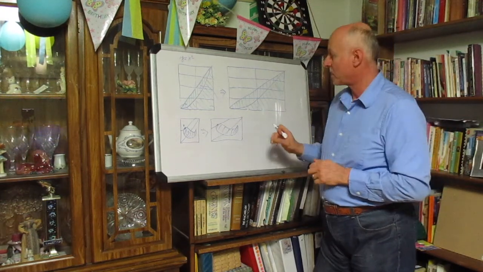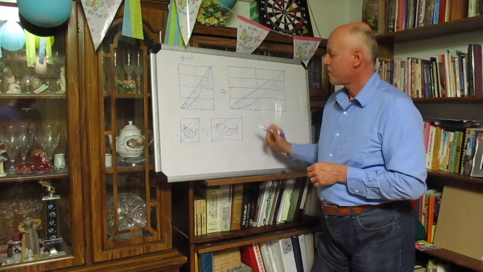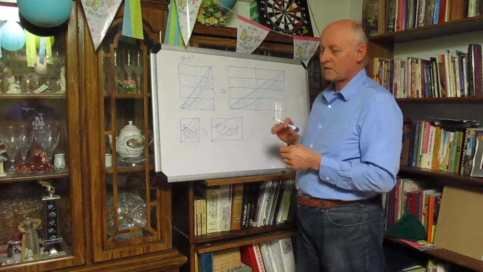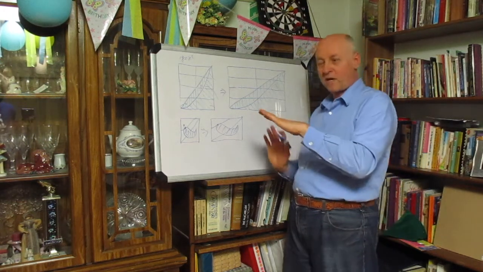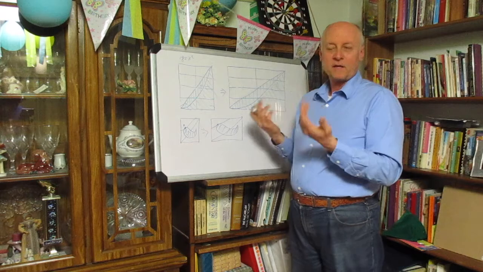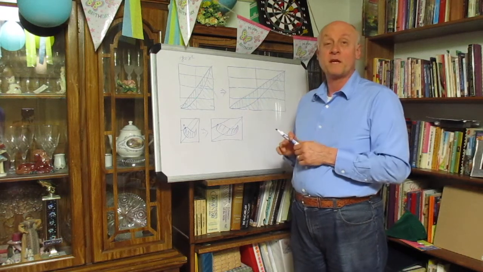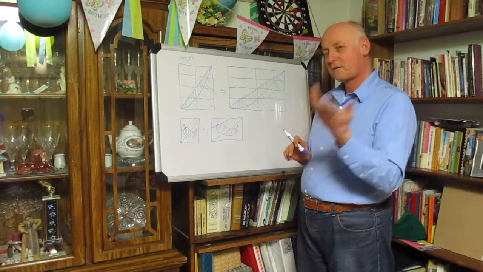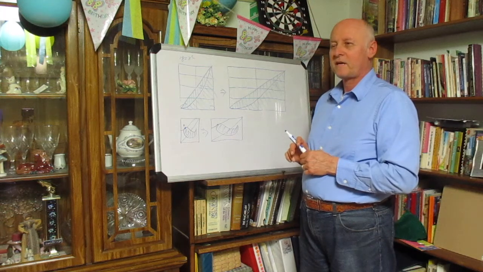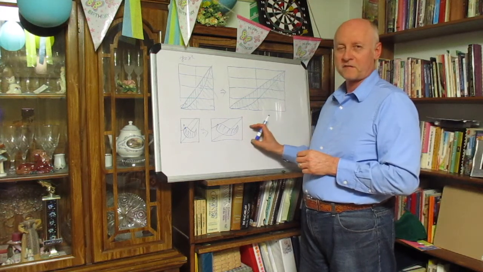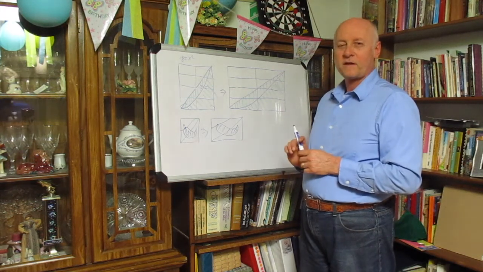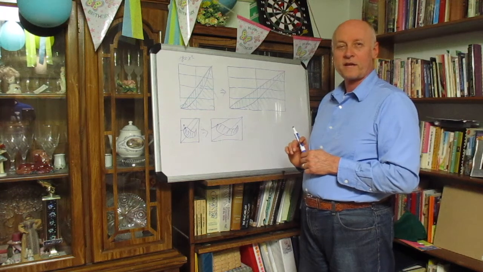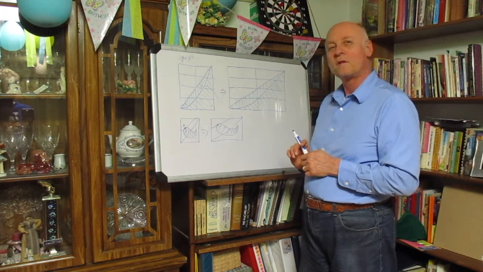Cavalieri's principle is basically you cut some volume or shape and you rearrange it, and the area or volume remains invariant. I'll have to do a video on that, or there are plenty of videos out there already. You can just Google Cavalieri's principle.